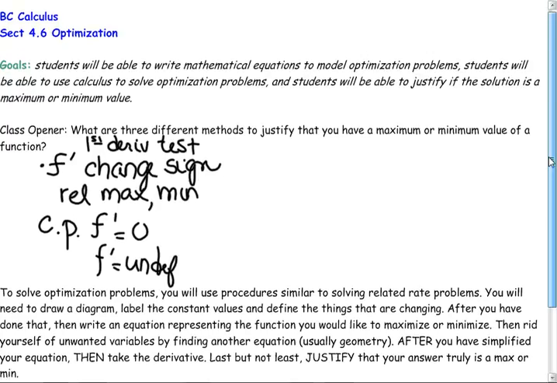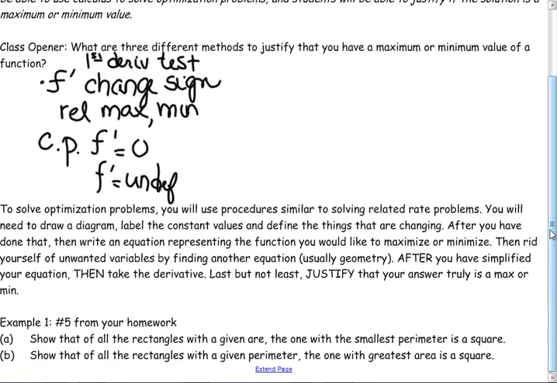You guys see that? There's other ways. What's another one? Okay, Marshall, what's another one? What about a second derivative test, Eric or Ori?